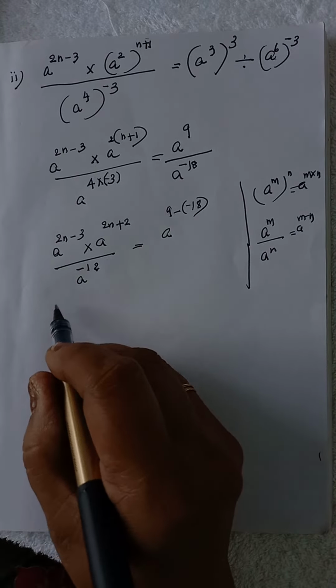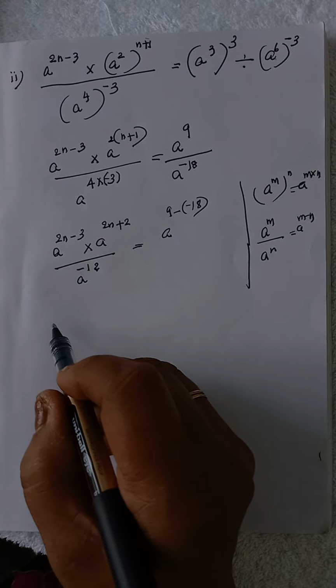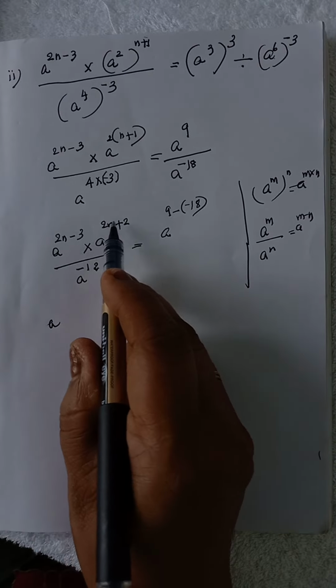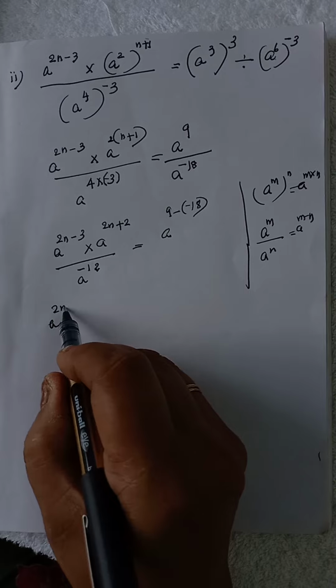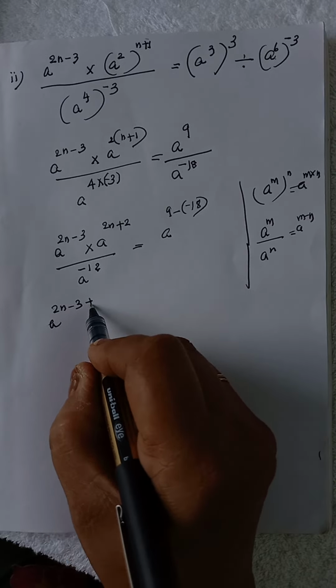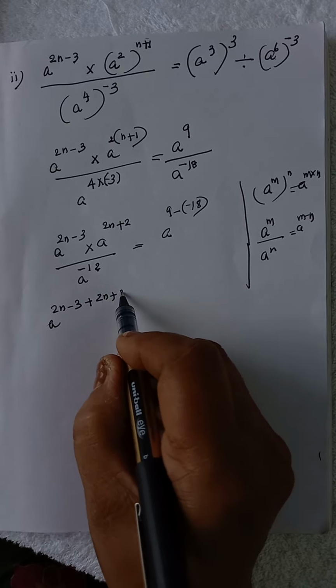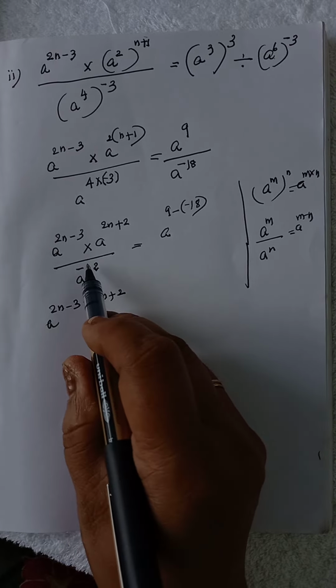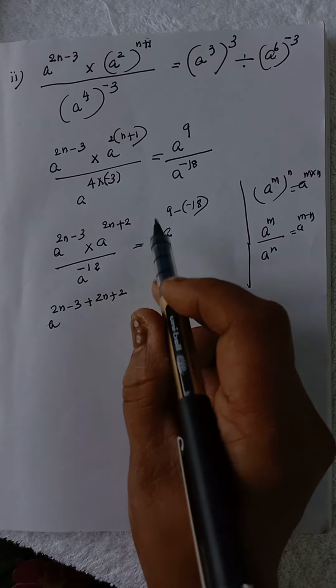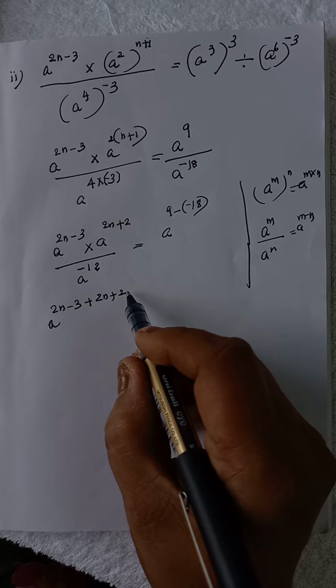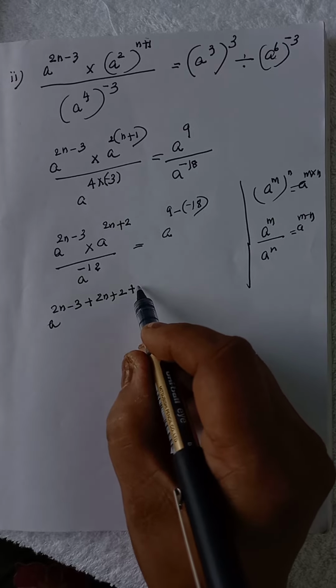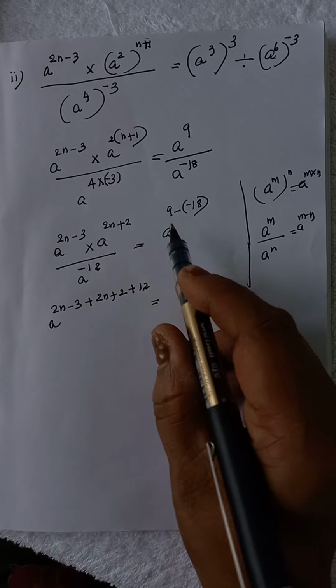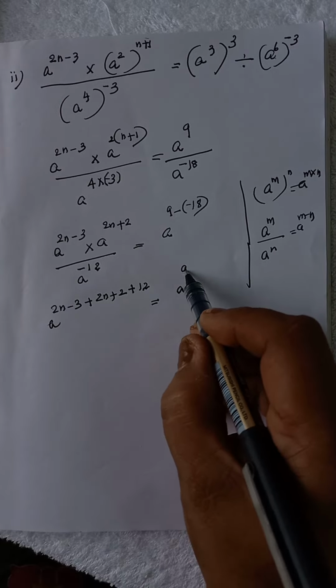So this is a^m into a^n form, so a^(m+n), 2n minus 3 plus 2n plus 2. Now this a^(-12) we can take to the numerator, that becomes plus 12, equal to a^(9+18).